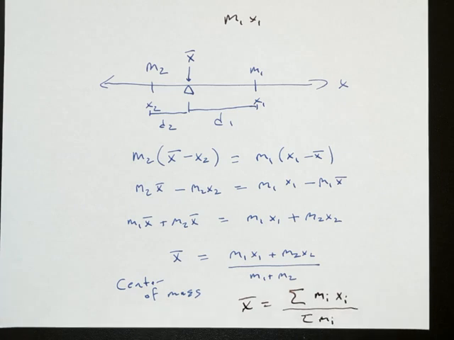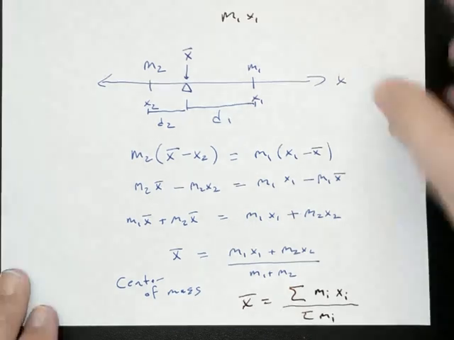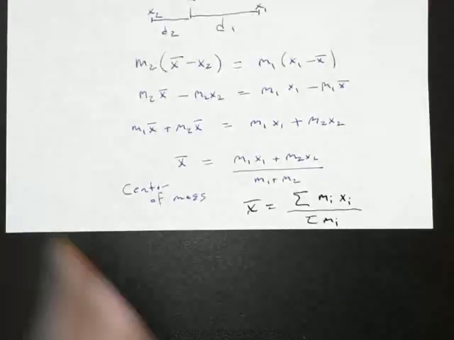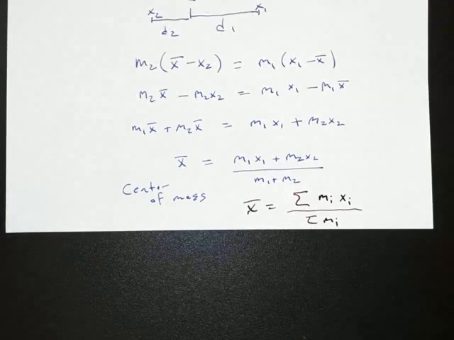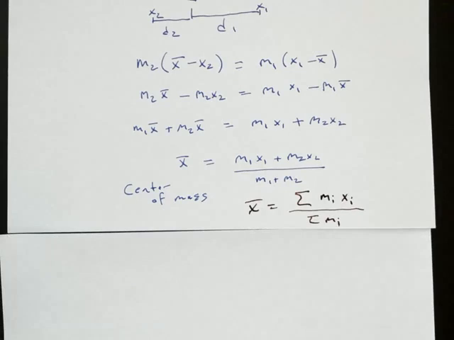Because what's on the bottom are the masses, and what's on the top, those are those moments I was talking about. Up here, moment being mass times distance. Questions?